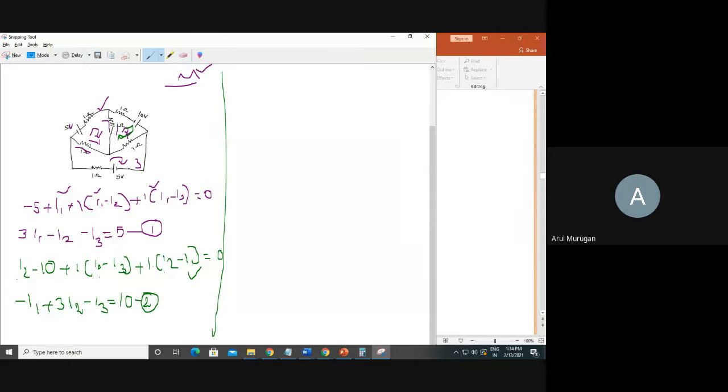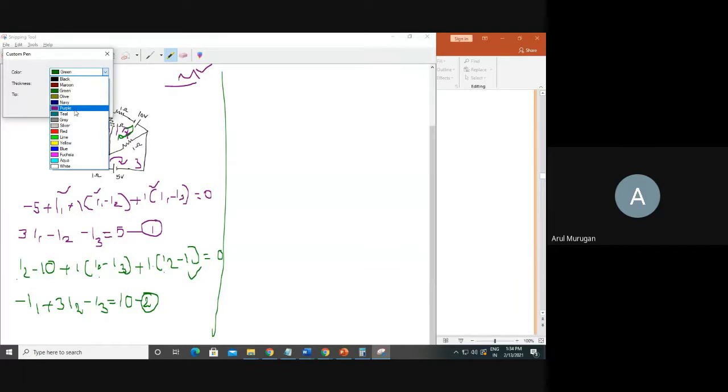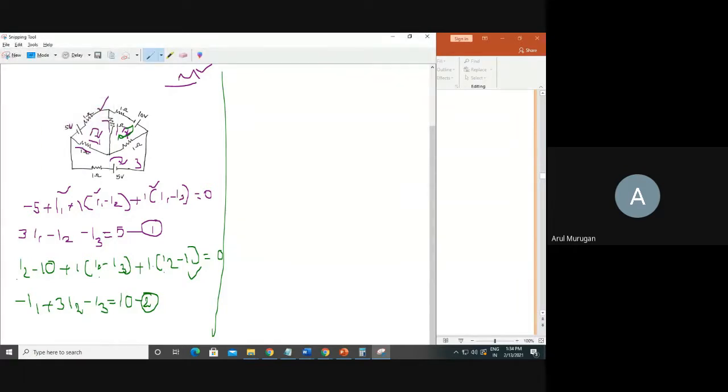Similarly, what are you going to do? Equation number 3, you want to perform. I want to change the color. I would like to change into purple. Okay, the third one I will start here. It is entering into the minus.